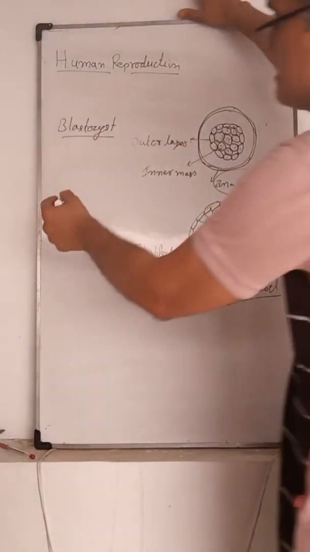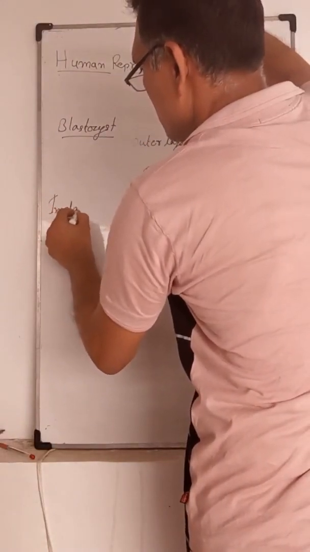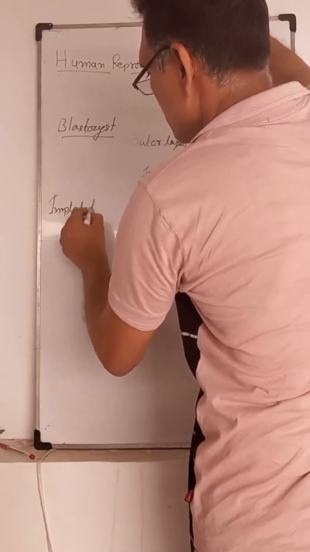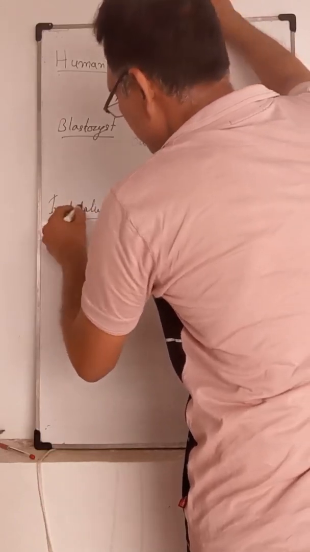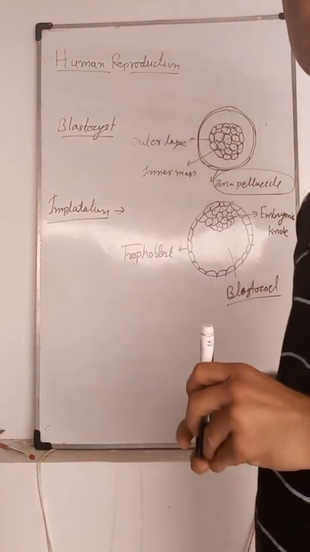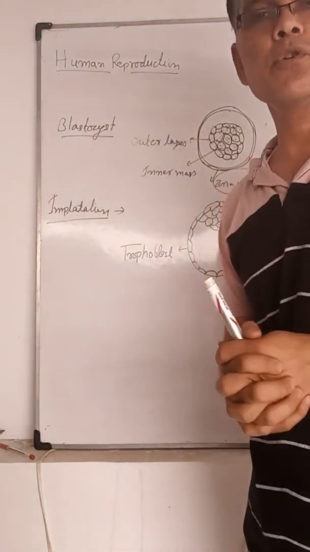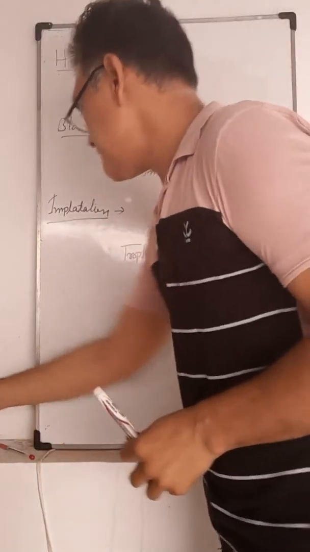The next process is known as implantation. Implantation is the attachment of the zygote inside the uterus.